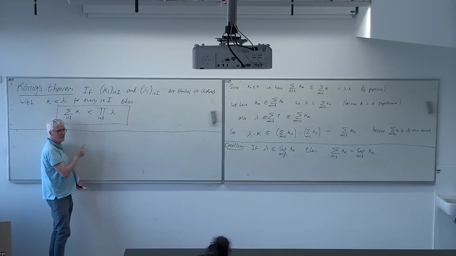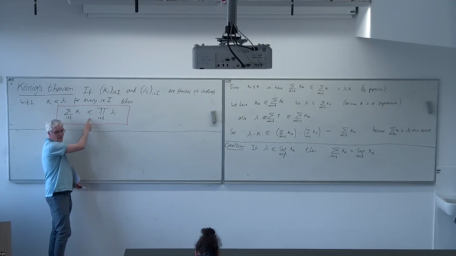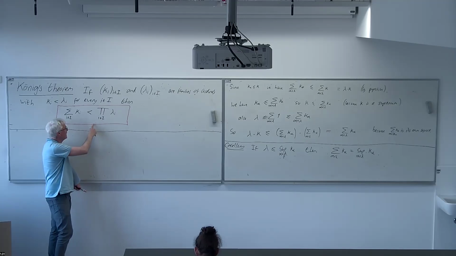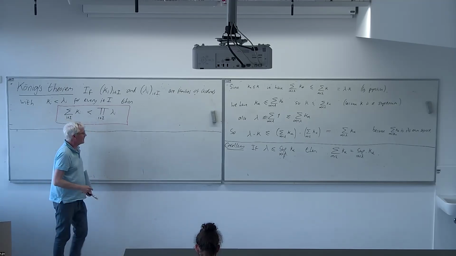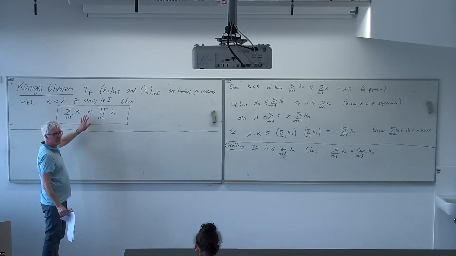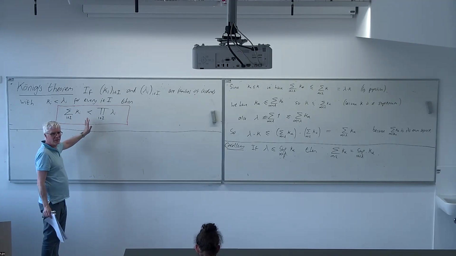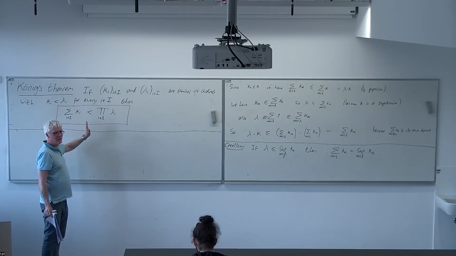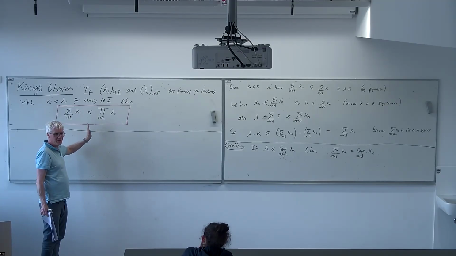And the other thing that's unusual about this result is it establishes a strict inequality. That's rare. None of the other results we're going to establish today establish a strict cardinal inequality. And on this course, we've only met one other result that establishes a strict cardinal inequality.